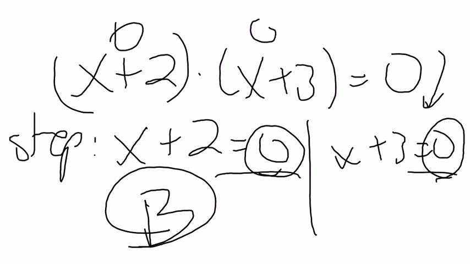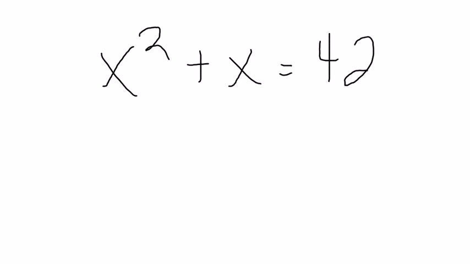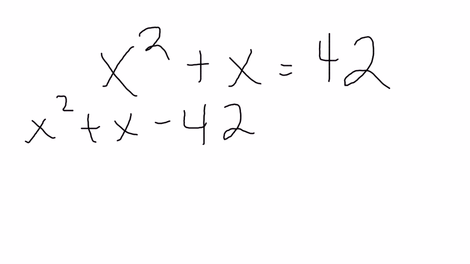And number 10, if x squared is added to x, the sum is 42, which of the following could be a value of x. So you just have that. You can rewrite this as x squared plus x minus 42 equals 0. Then you can factor it.